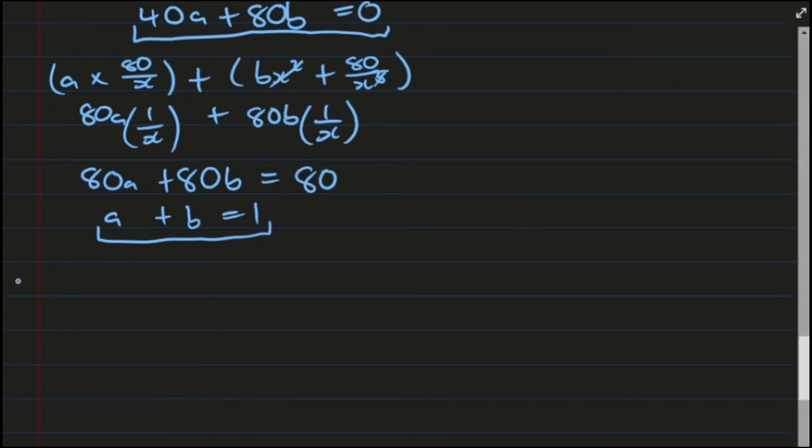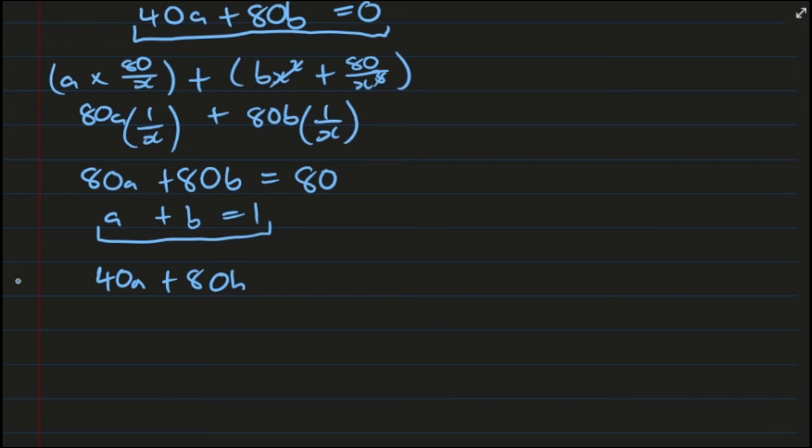So we've got 40a plus 80b is equal to 0, and we have a plus b is equal to 1. Let's make a the subject of the formula, and substitute it into this equation.